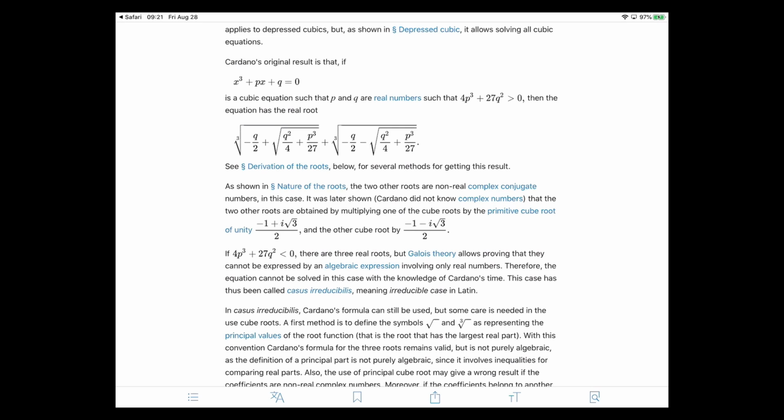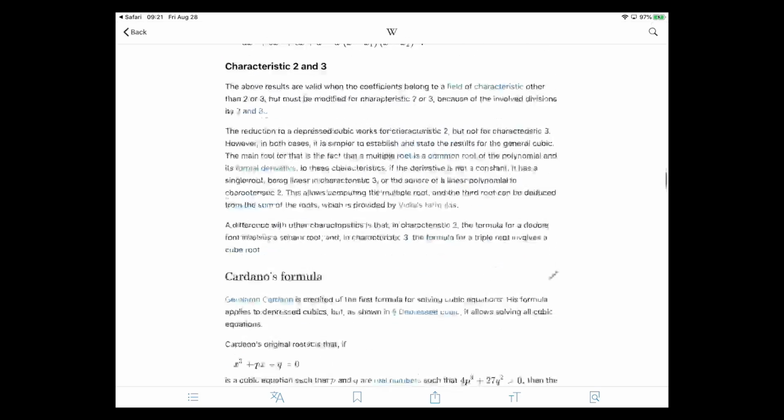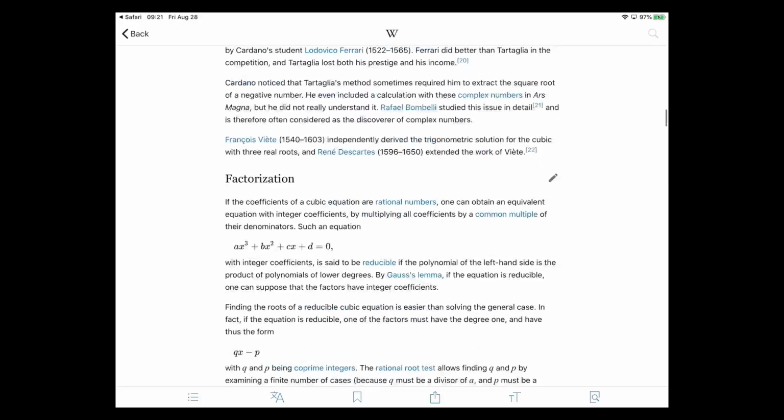What about a quartic formula? If we can solve quadratic and cubic, can we do degree 4 polynomials? Probably. Yeah, you can.